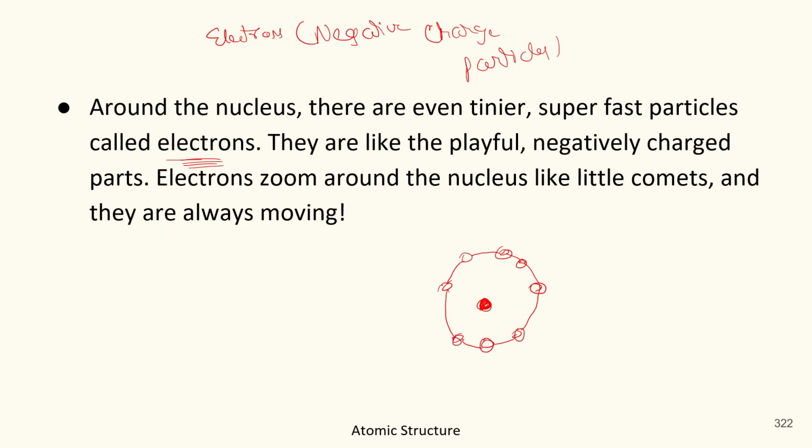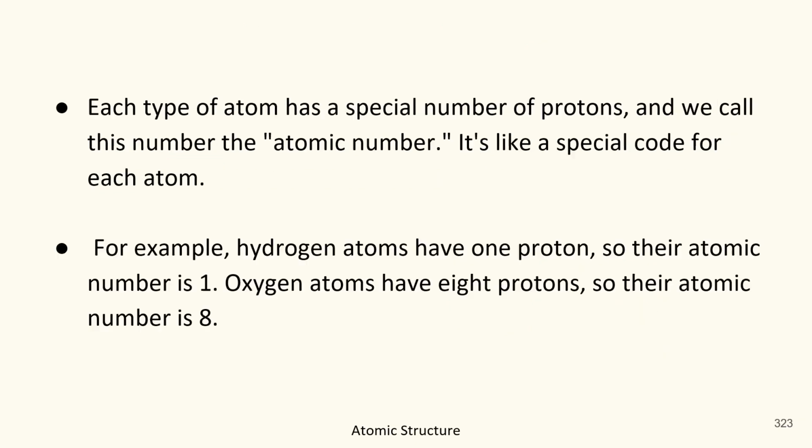Like this. If this is a nucleus and this is the electron, it is basically revolving in a particular orbit, or you can say particular shell. Got it? So now let's move forward.